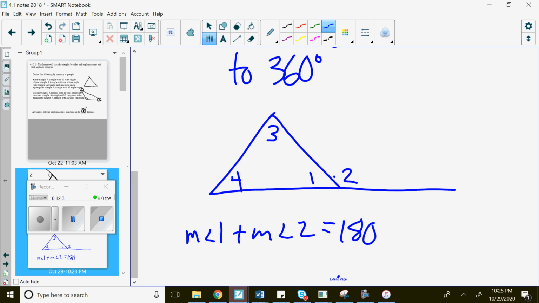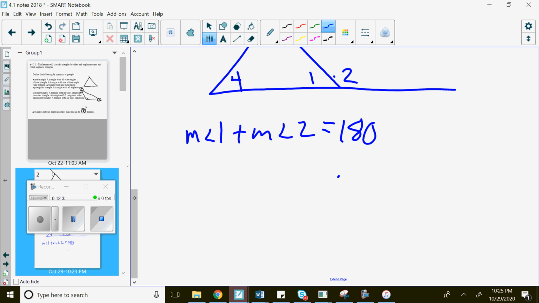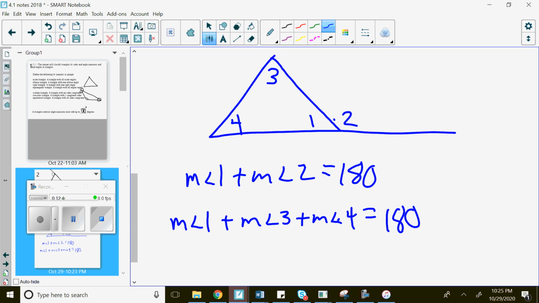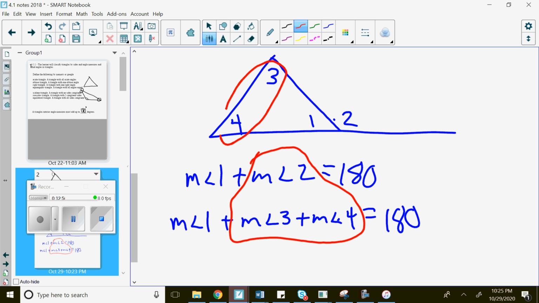Hopefully also in this lesson you agree that the measure of angle 1 plus the measure of angle 3 plus the measure of angle 4 equal 180 degrees. Why? Because those are the 3 interior angles in our triangle. So what this means is that one exterior angle has to equal the other 2 interior angles when you add them together.